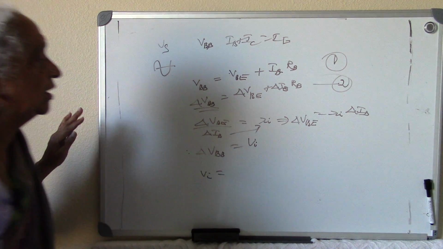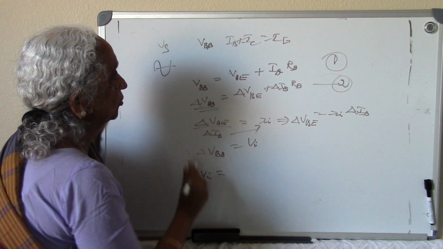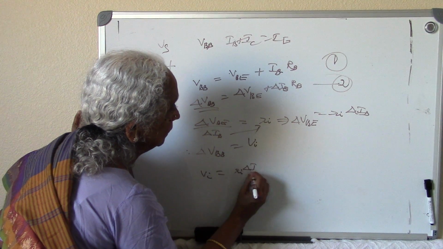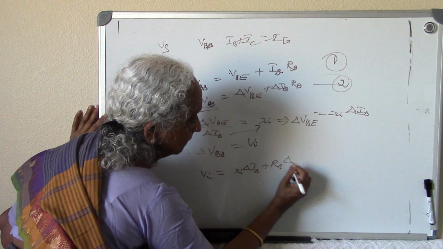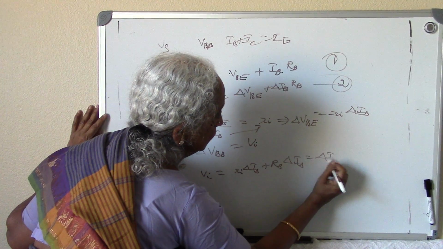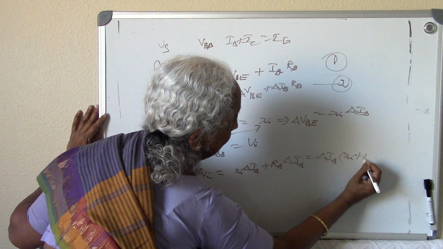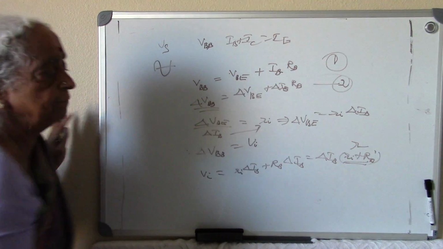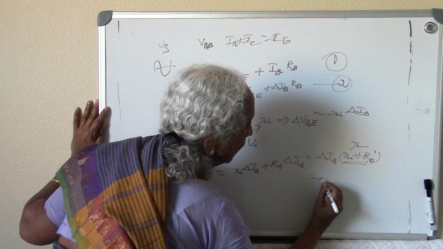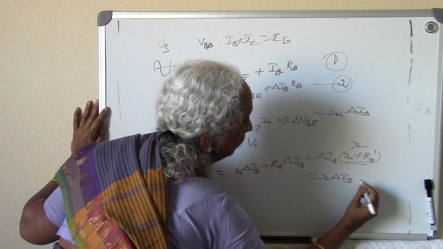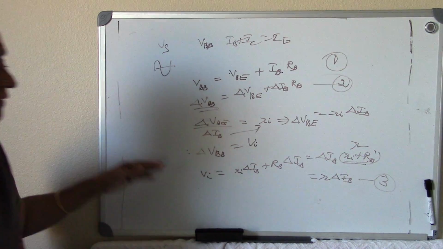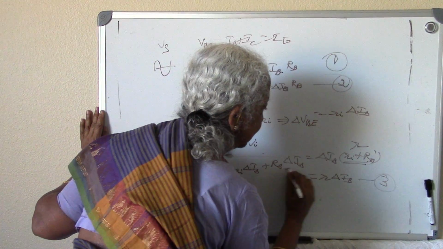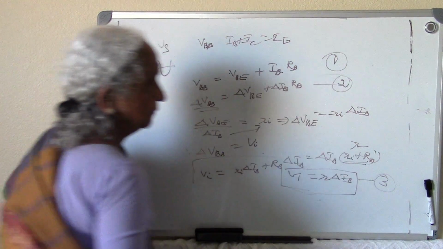Substitute for delta VBE in equation 2, you have delta VBB equal to VI equal to RI times delta IB plus RB times delta IB, equal to delta IB times RI plus RB. If these both together I call R, the total impedance at the input side, you have R into delta IB. This is your equation 3. This is my VI. You just note this down and box this. So VI equal to R times delta IB.